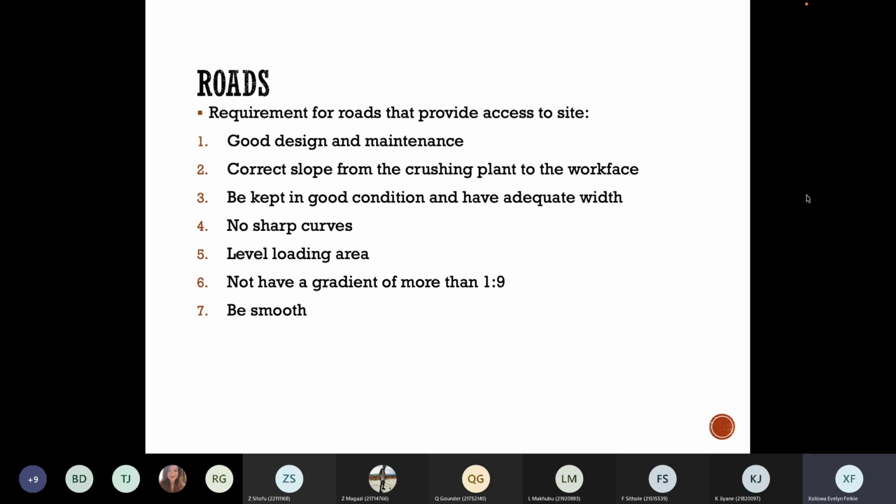The roads must be kept in good condition and have adequate width, so that if there's a need for other cars to overtake, they're able to do so, because these trucks travel at very low speed because of the heavy load that they carry. No sharp curves, because accidents will happen.